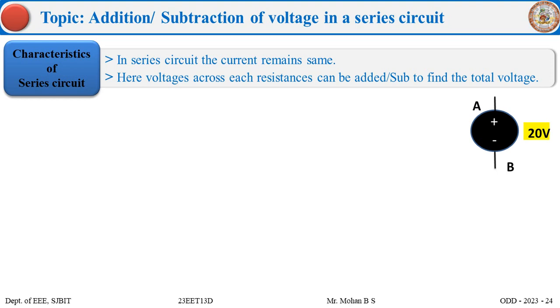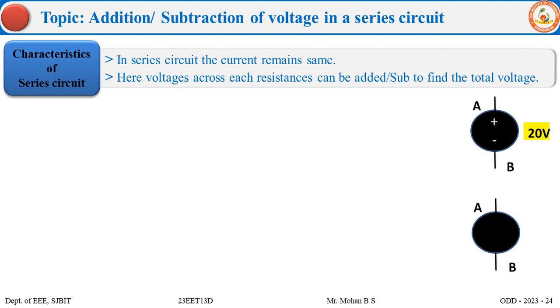So this is a voltage of 20 volts. Any change in the orientation, the magnitude also changes. I want you to observe that any change in the orientation or polarity, the magnitude also changes, or vice versa. If instead of 20 volt, I want to rewrite it as minus 20, A will be negative and B will be positive.